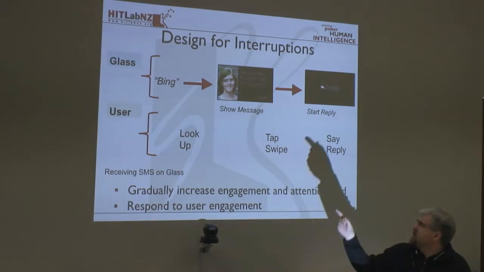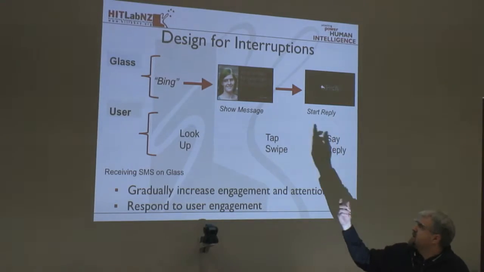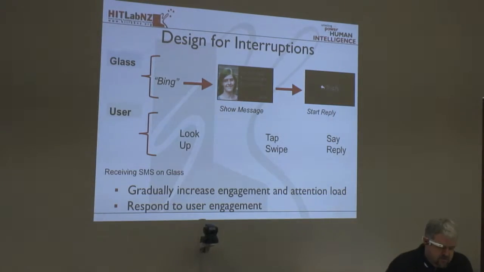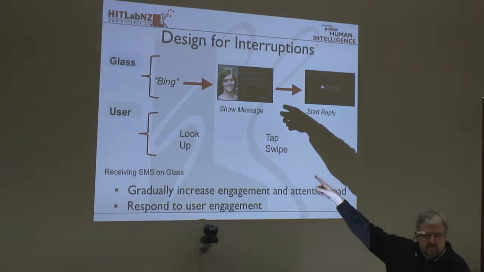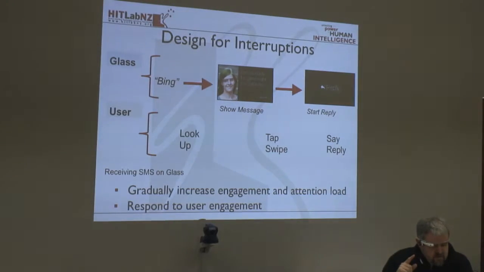Right now, when the screen is off, if I get an email message, the first thing that happens is that I hear a bing in the headphones, but the display doesn't show anything. Then if I look up or tap the display, it will turn on the display and show a message. And then if I tap or say reply, it lets me start replying.